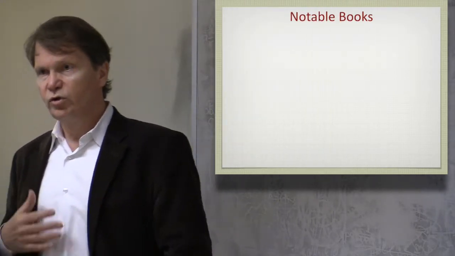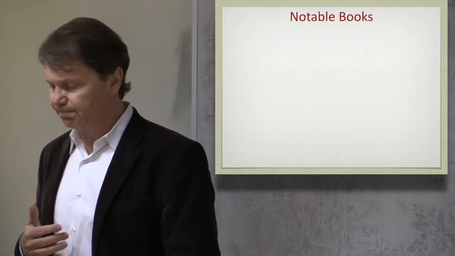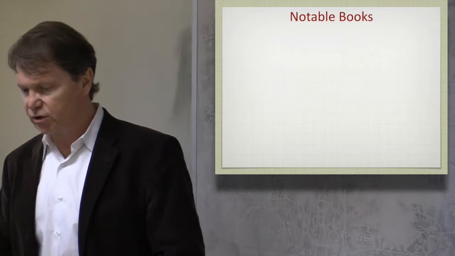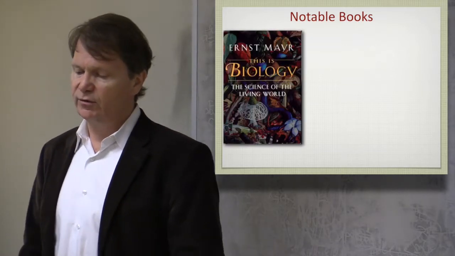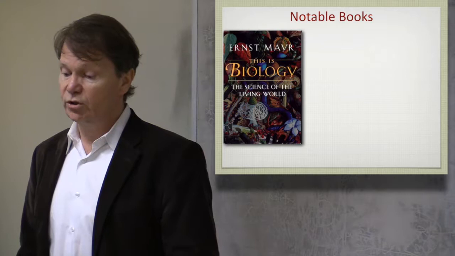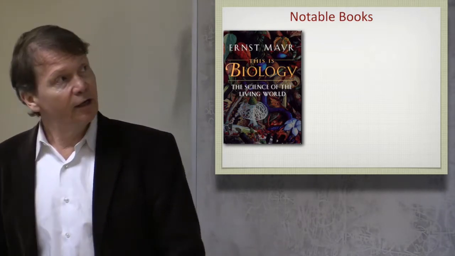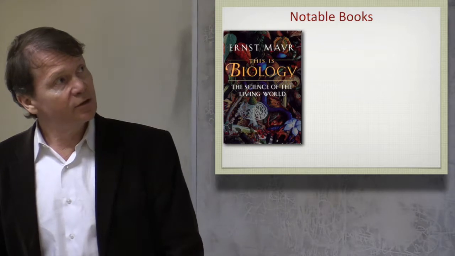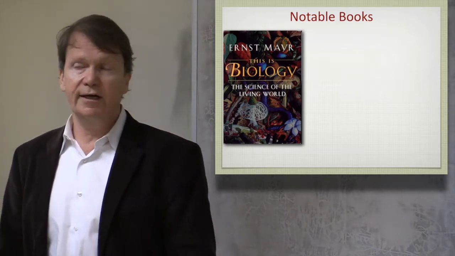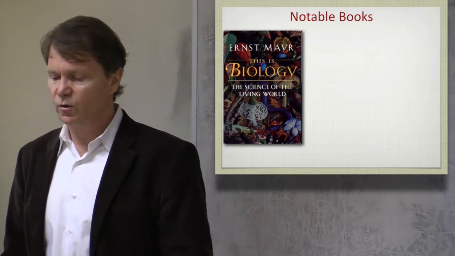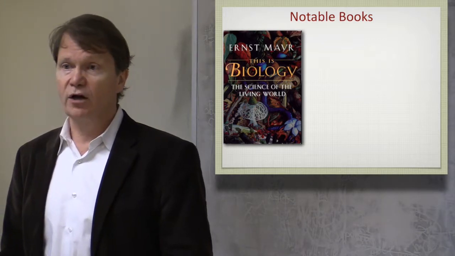Okay, so those are just some comments about dual causation, and here are some general books about this topic that I've come across over the years that I like. So Ernst Mayr was a biology professor at Harvard, who died, I don't know, half a dozen years ago or so, at the age of 100.